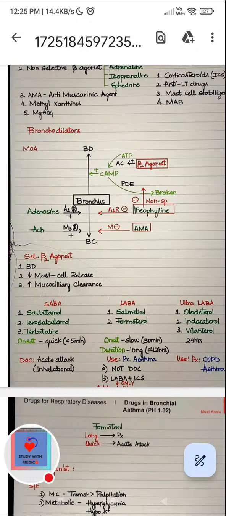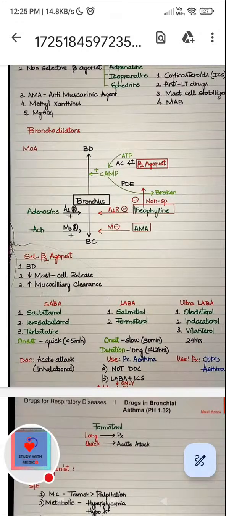Bronchodilators are salbutamol, that is beta-2 sympathomimetics, methylxanthines, and anticholinergics. Leukotriene antagonists are montelukast and zafirlukast. Mast cell stabilizers are sodium cromoglycate and ketotifen. Then corticosteroids, systemic and inhalational, and anti-IgE antibody.